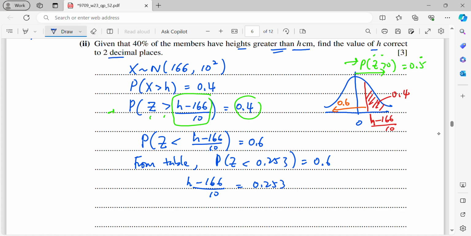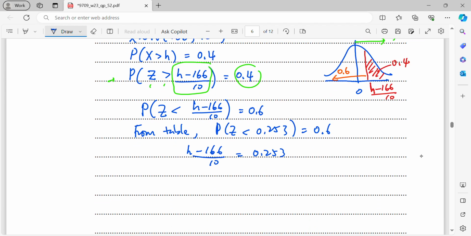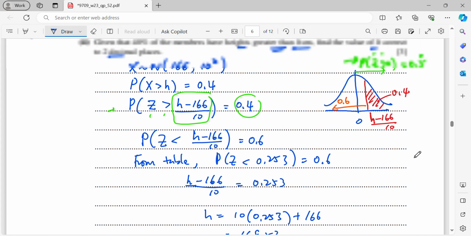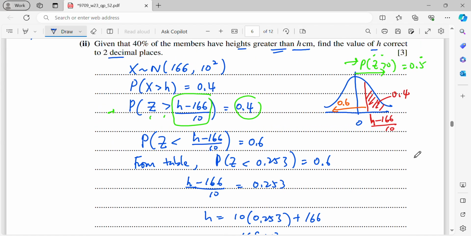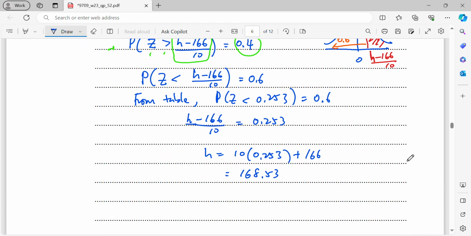So from here, h is going to be 10 times 0.253 plus 166. Then this is going to be 168.53. So that is the h. This is the exact value, and it's mentioned correct to 2 decimal places. So that is the h value.